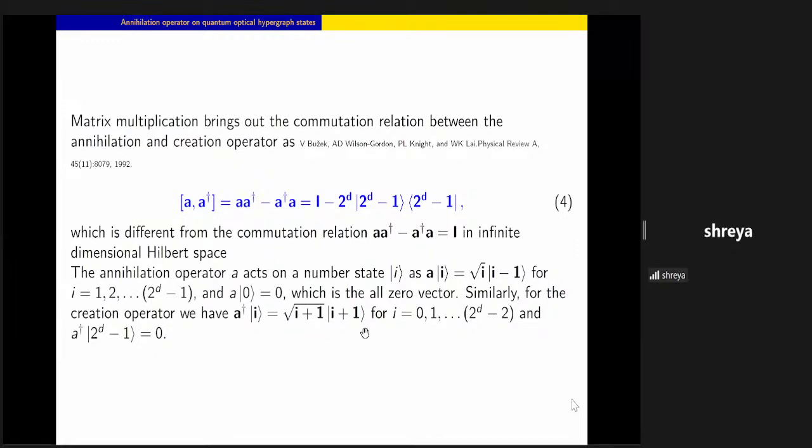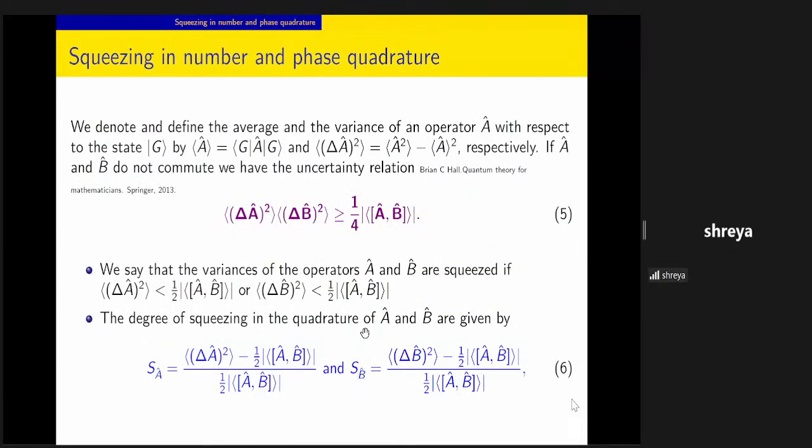And after that, we calculate squeezing for the hypergraph state. Firstly, if we take two non-commuting operators or quadratures, if they don't commute, we have the uncertainty relation.